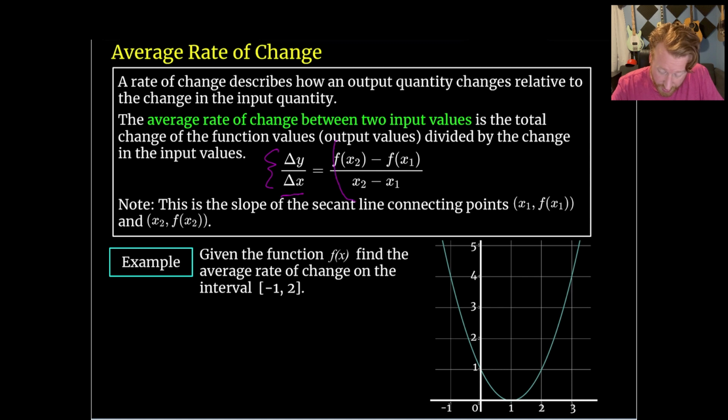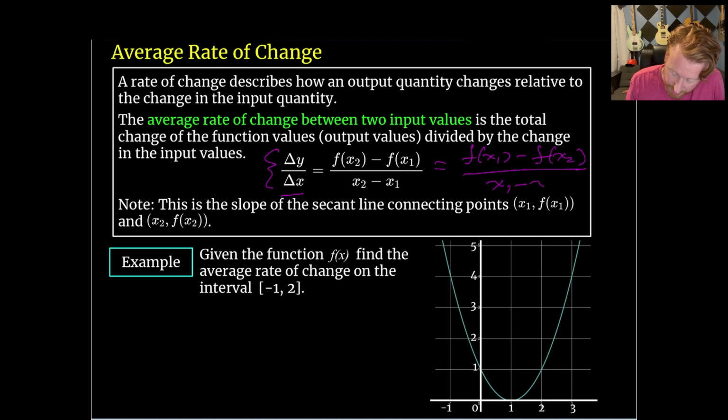So if we put the x2 value first as the function value, then we better put the x2 input value first as well. And if we're going to subtract the f of x1 function value, then we will want to subtract the x1 input value after as well. So what I'm trying to say is that this is also the same as f of x1 minus f of x2 over x1 minus x2.